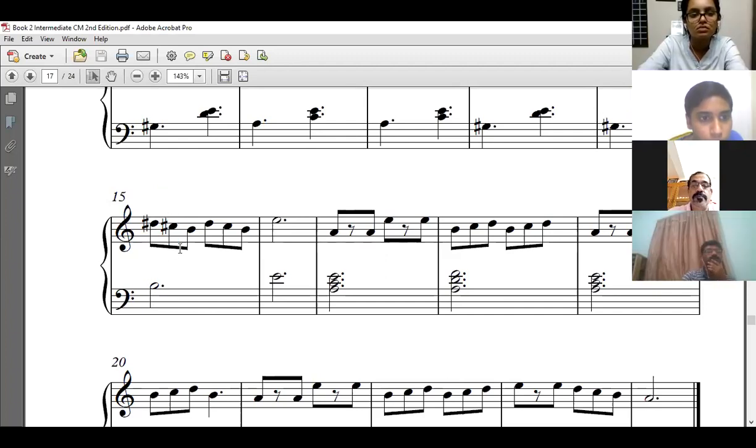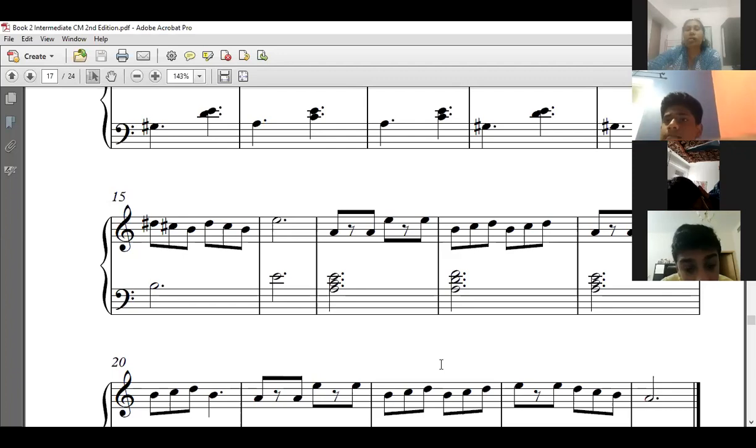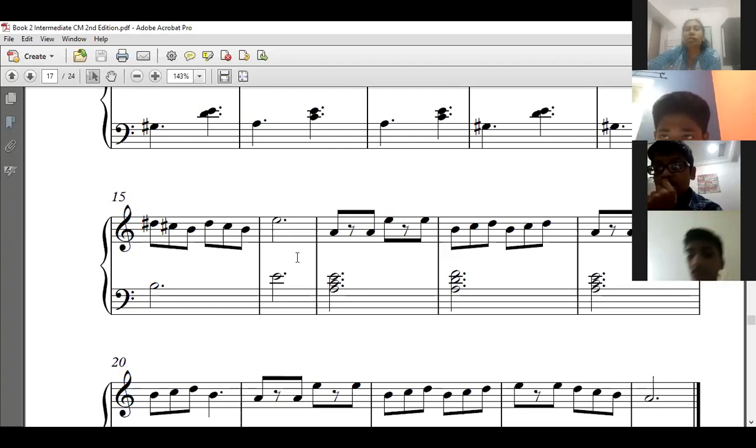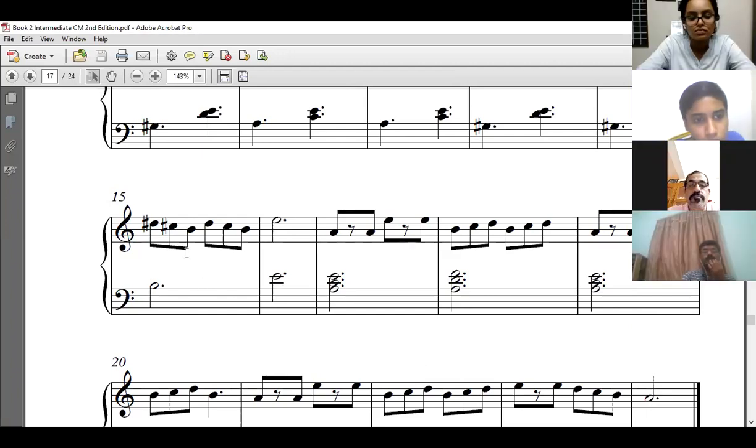These two. Let's ask Chris. Chris Thomas, can you tell? D and C. Very good, perfect. So D and C are sharp, isn't it? So D is here, C is here. So again D and C is repeating. Can you see that? D, again C.